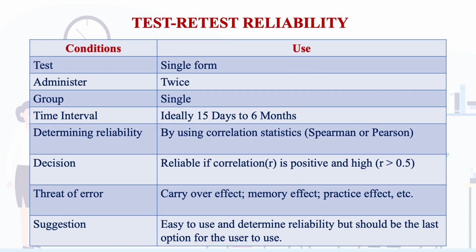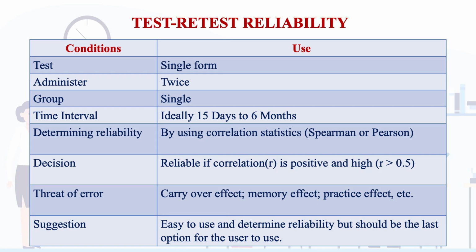And further, the memory effect: if a student has done something wrong in the first administration, he or she may do it right in the second administration. And practice effect means that in case the learners have done it wrong, they can practice it and make it right for the second administration.